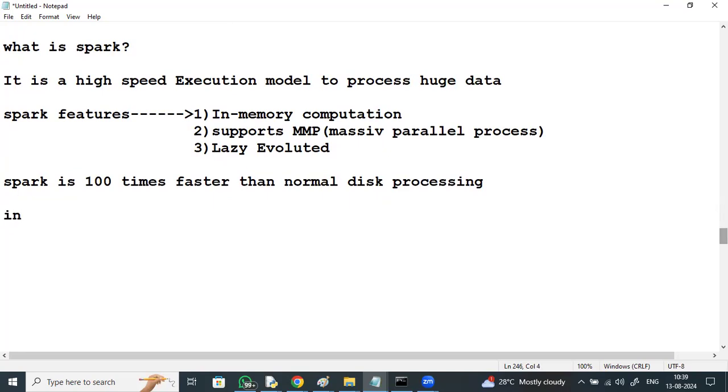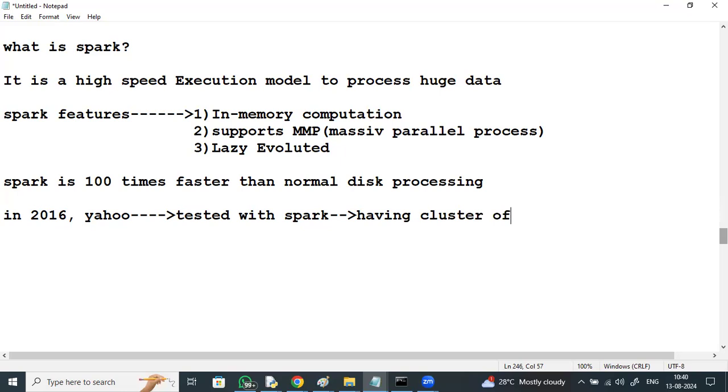In 2016, Yahoo tested with Spark. Having a cluster capacity of 390 nodes, where nodes means CPUs.